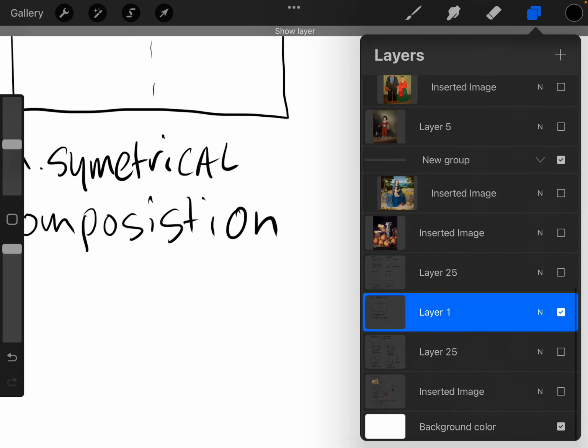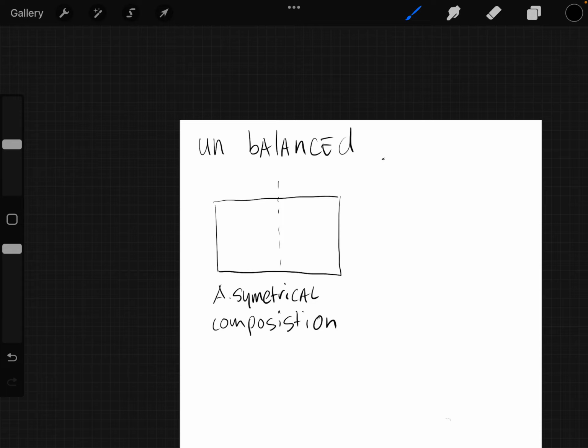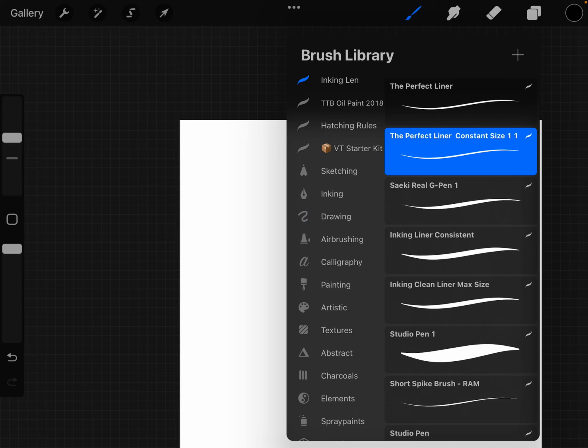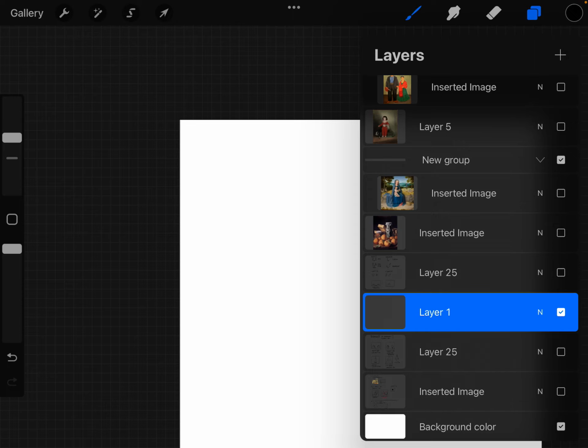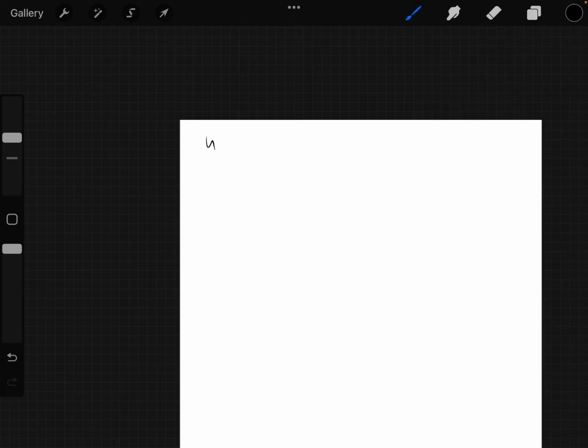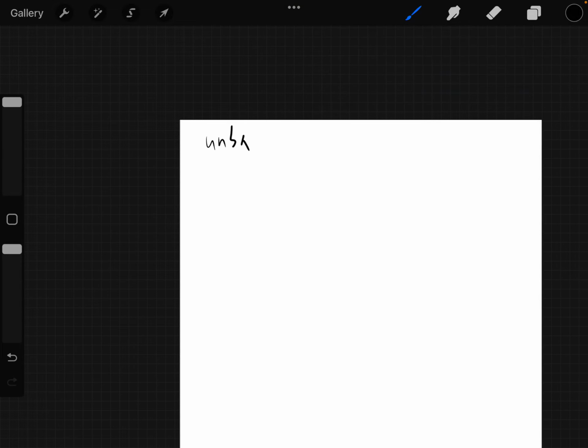So special compositions can be either balanced or they can be unbalanced. It doesn't really matter. A special composition is something you need to be able to recognize for what it is.